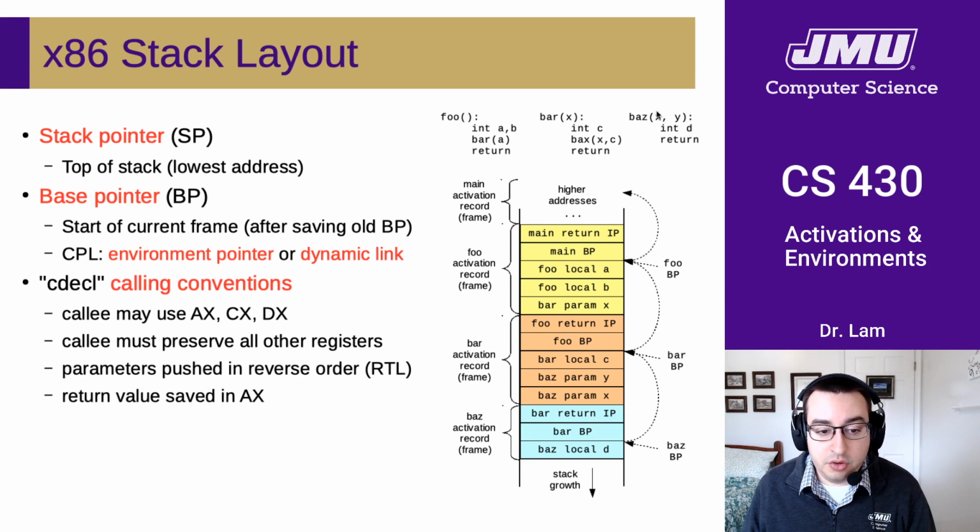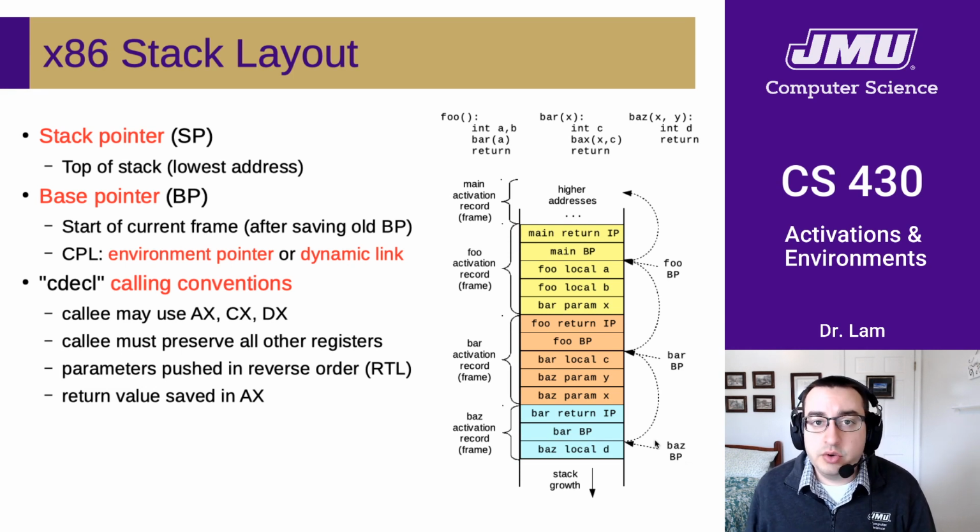So baz has two parameters, and it also has a local variable. And so we have the base pointer here, and you'll notice that we can always access the parameters to baz using a positive offset from the base pointer. So that's moving up the diagram here. And then we can access its local variables using a negative offset from the base pointer.